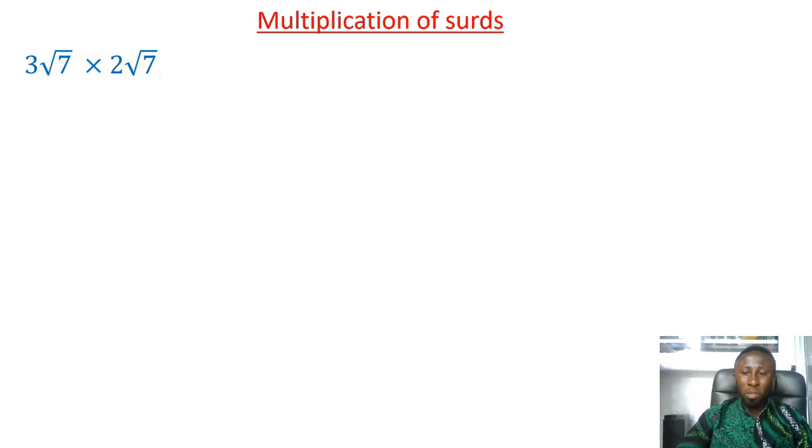Like what we are doing under algebra, the same thing. 3 times 2 is 6. Root 7 times root 7 is root 49. Our final answer is 6 times 7 because root 49 is 7. Therefore, our answer is 42.